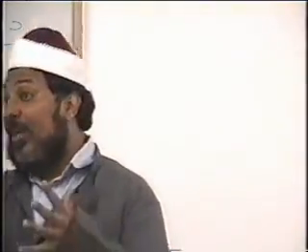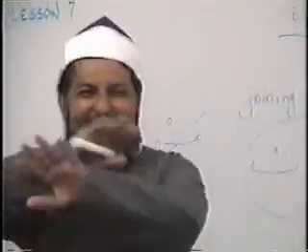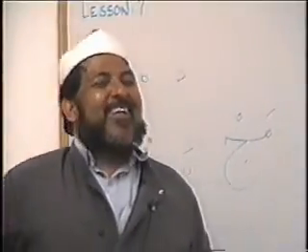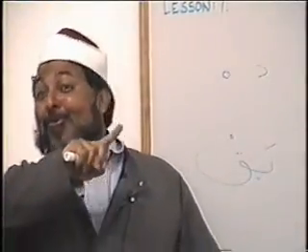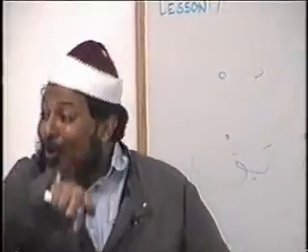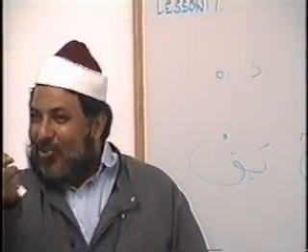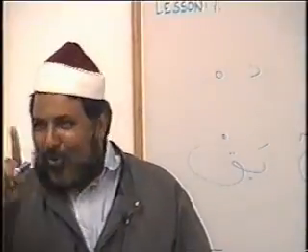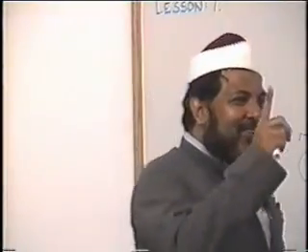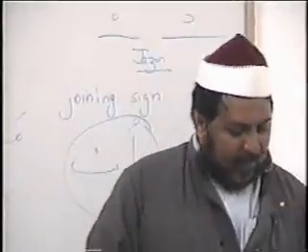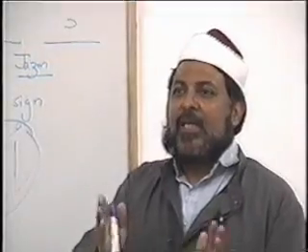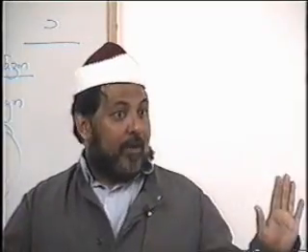What sound has a Jazm got? No sound. It is only a joining sign. The sound we have is e and u. So they're just bringing in e and u because you're going to join zabar, zer, and pesh. Any questions?